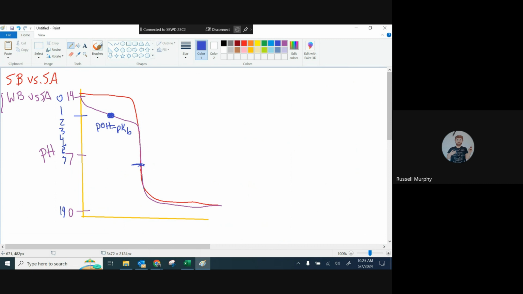Oh, I find it. Okay. But it's all the same info as the last graph, just flipped over to get that extra little fun bit. Okay. I think that's all the stuff from acids and bases.